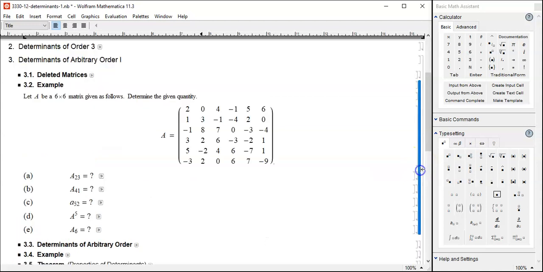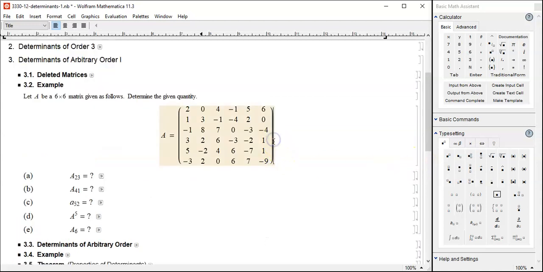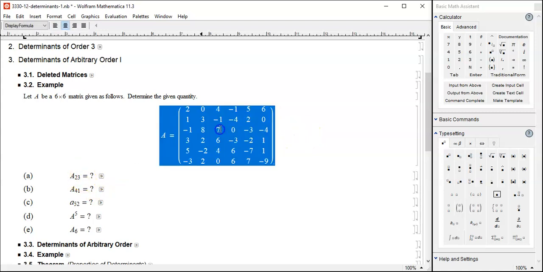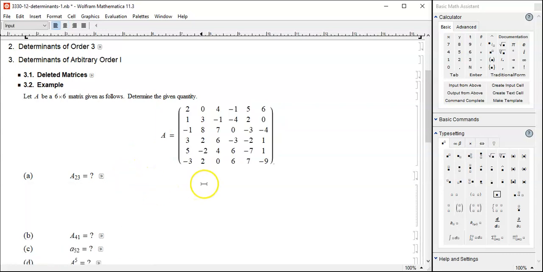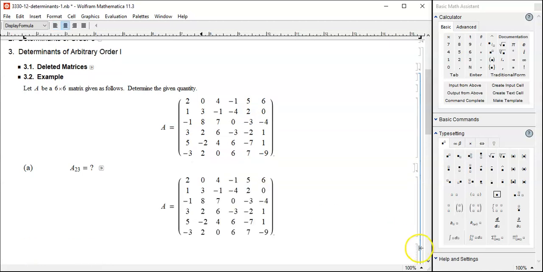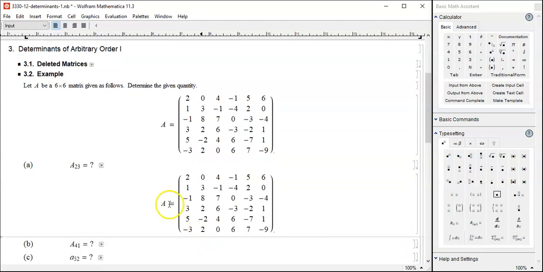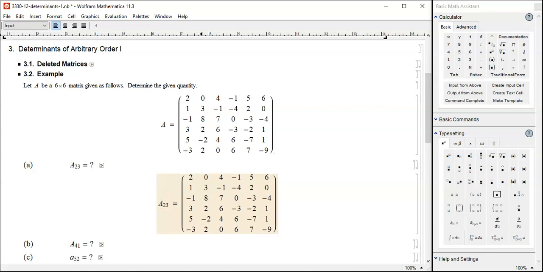Well, here's an example. We have this matrix here, and what is A of 2, 3? Not too bad. So that's A, and then that's A 2, 3.